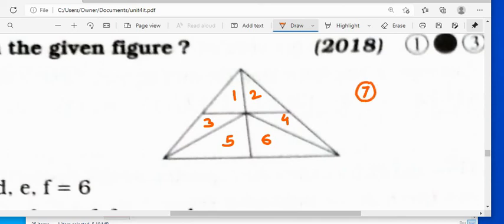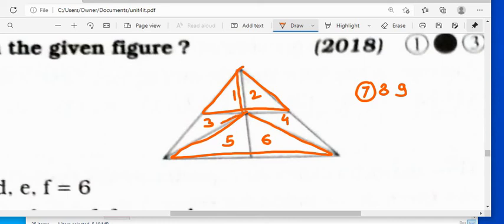Now see this triangle. This bigger triangle is 8. Okay. Now see here again this bigger triangle. This bigger triangle, that is 9. Okay. Now see this triangle. Yes, 1, 2 and 3. That is 10.